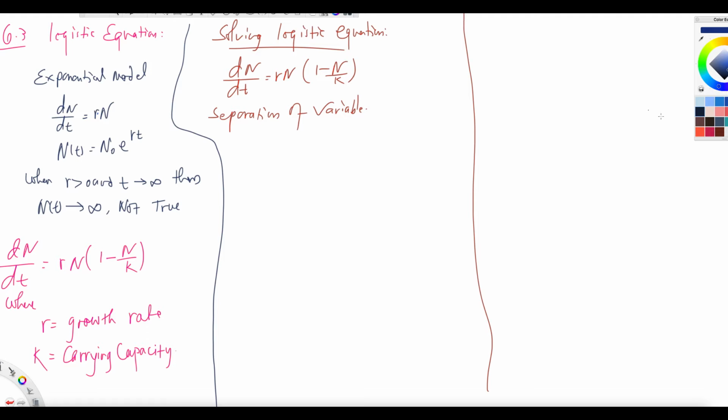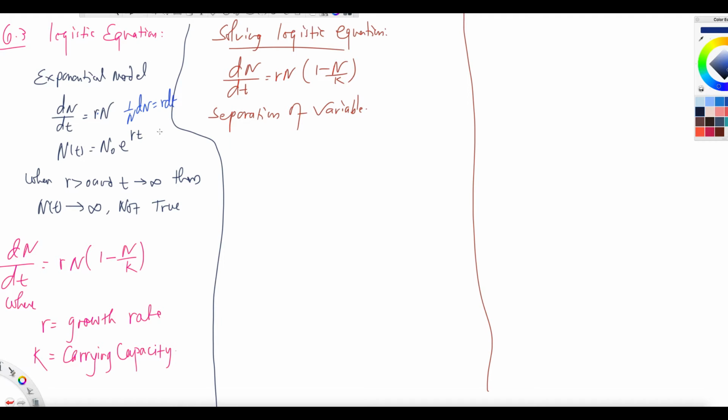To solve this, we just divide by N on both sides, and it will look like 1 over N dN equals r dt, right? You see that this is separated: all the N's are here, all the non-N's are here, r is a constant, so r and dt, and then you integrate, that's what you will get. Okay, and you use the initial condition, where N sub 0 is the initial value of the population. That's what we did, right?